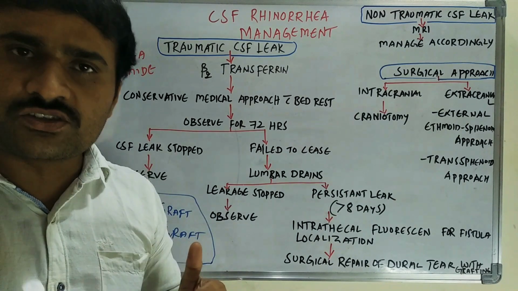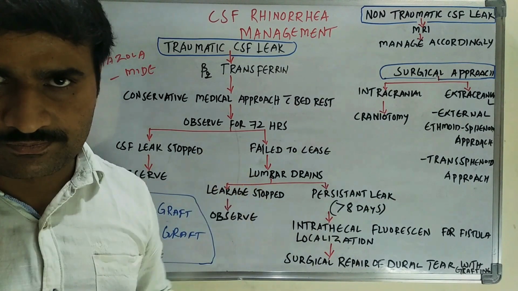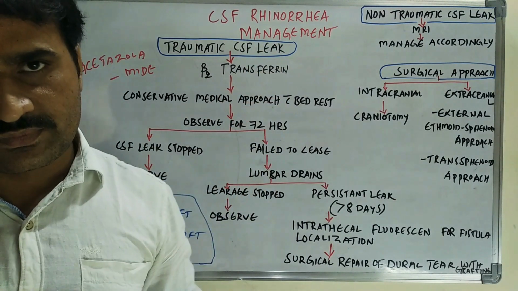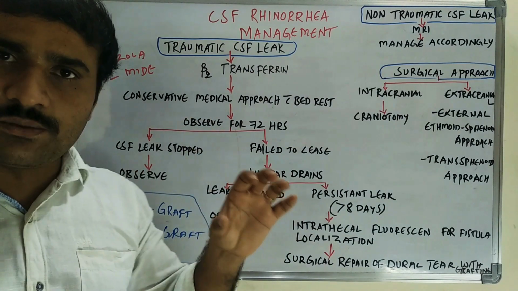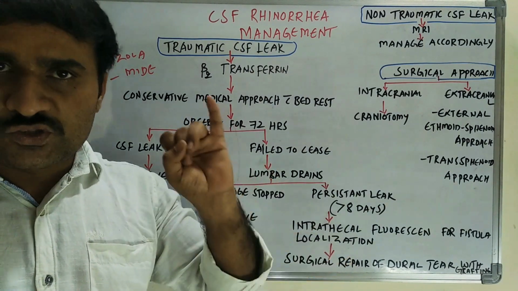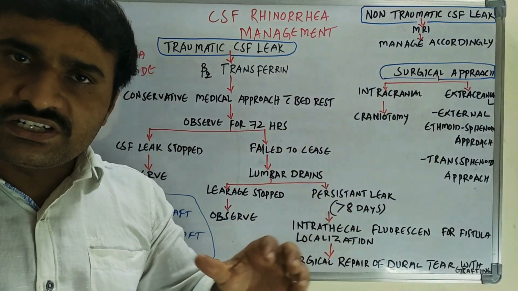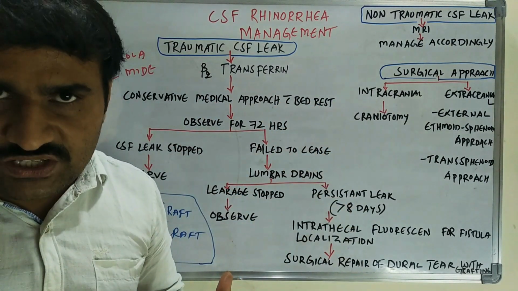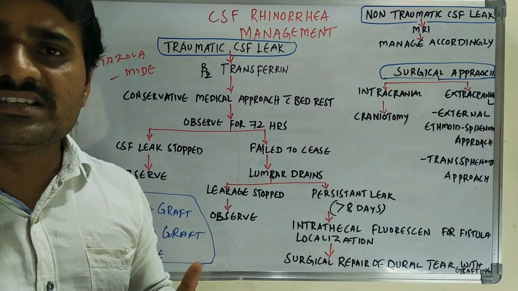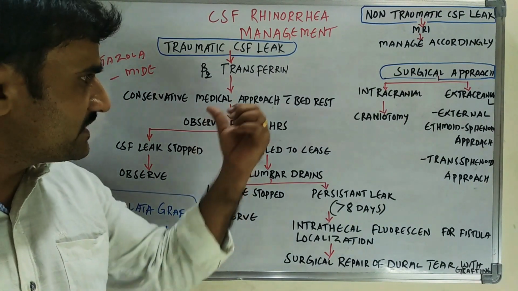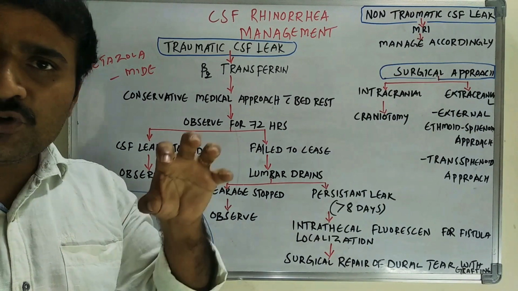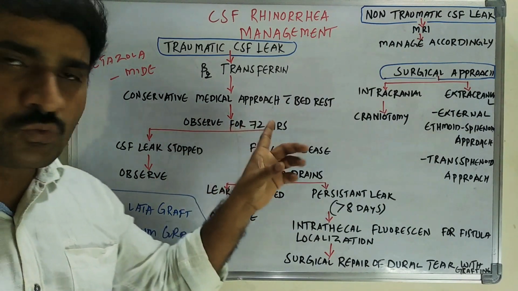So improving chances of CSF rhinorrhea stop, right? And we should advise the patient not to sneeze, not to cough. These are the activities which will increase the CSF pressure, thereby increasing CSF rhinorrhea. So this is medical management, and we should observe the patient for 72 hours.